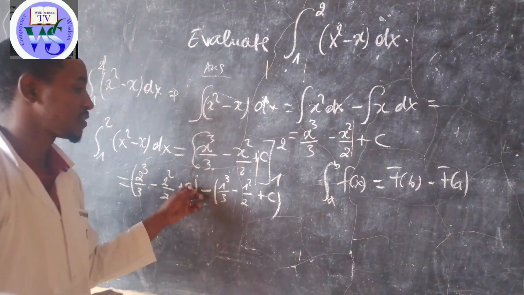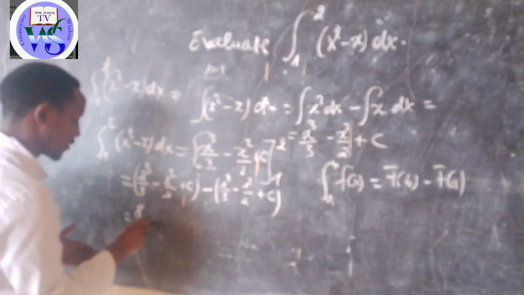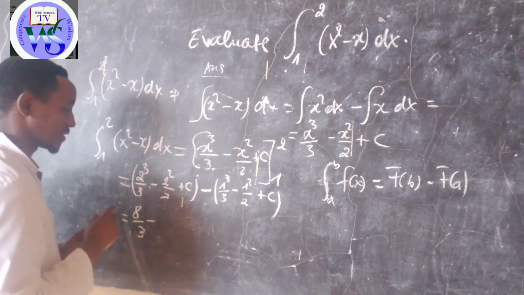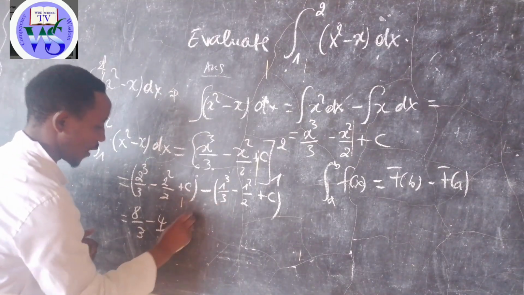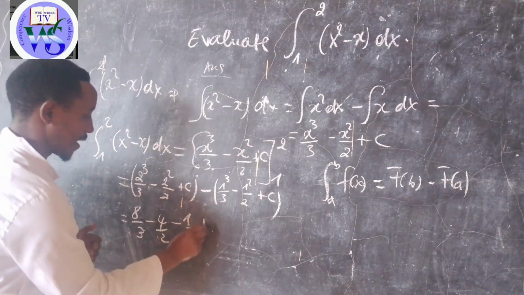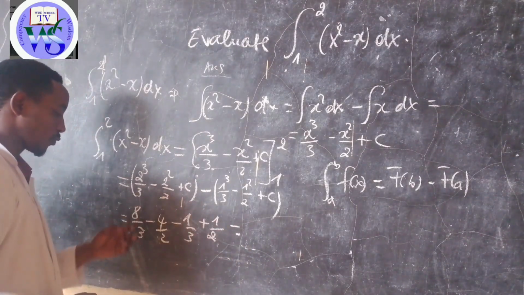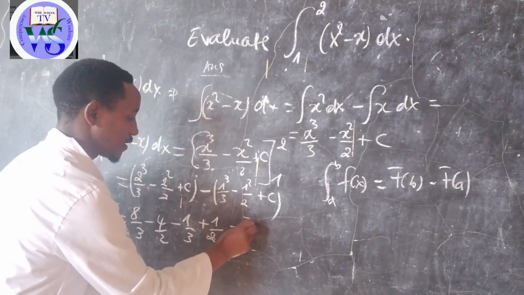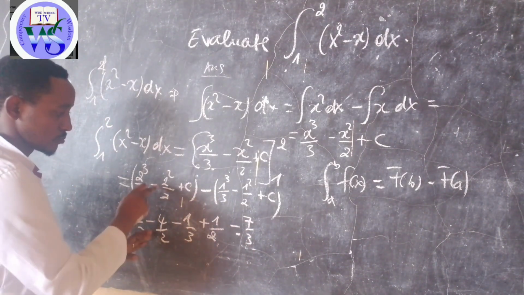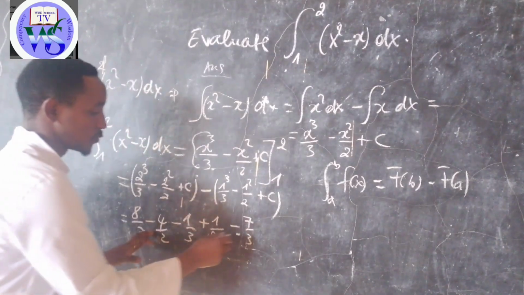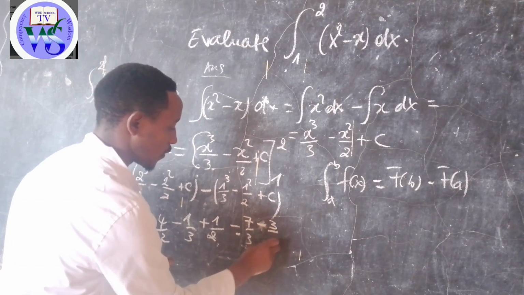When you subtract, this c and this c cancel, so this is equal to 8 over 3 minus 4 over 2 minus 1 over 3 plus 1 over 2. This is equal to 8 over 3 minus 1 over 3, which is 7 over 3, minus 4 over 2 plus 1 over 2, which is minus 3 over 2.